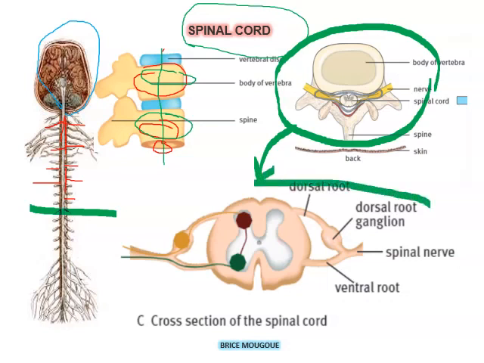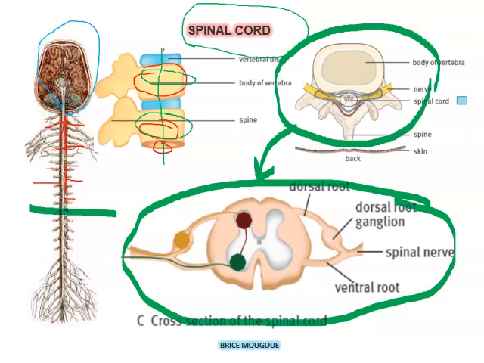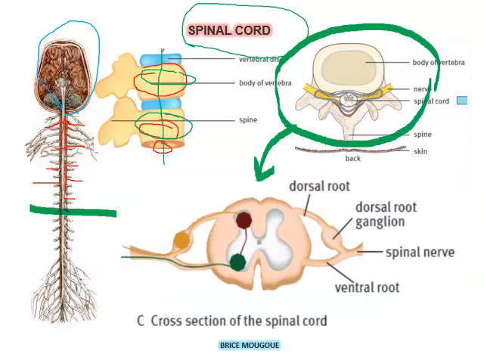We will notice that in the different parts of the spinal cord, we will have a dorsal root. This is more or less like your back, a road through which nerves will pass through your back.